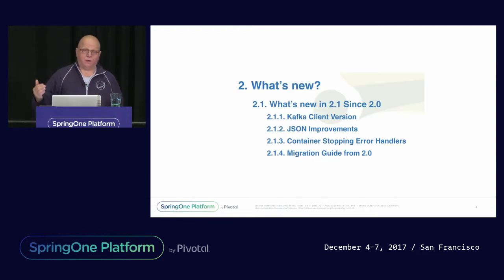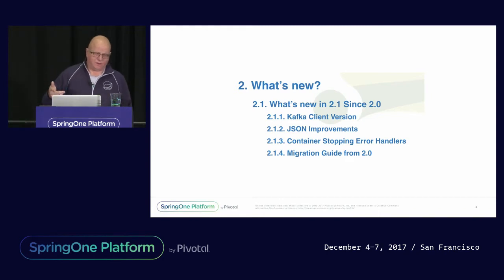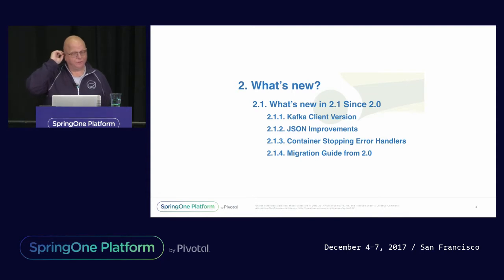And then in 2.1, that was really just a technology switch to the 1.0 client, but we did manage to get in some additional improvements. For example, like the RabbitMQ JSON message converter, because Kafka now supports headers, we can convey those headers along with the messages that we write to Kafka topics.